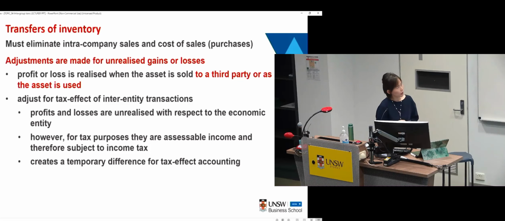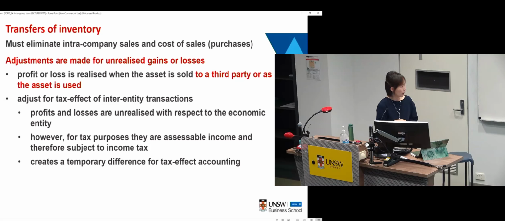Okay. Now, a tax effect adjustment is required if the elimination results in elimination of unrealized profit or loss from this intragroup transfer of inventory. And always remember to show your tax effect adjustment if there's any profit that remains unrealized from the group viewpoint at the end of the reporting period. Okay?